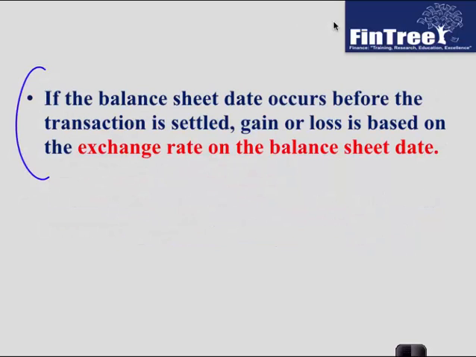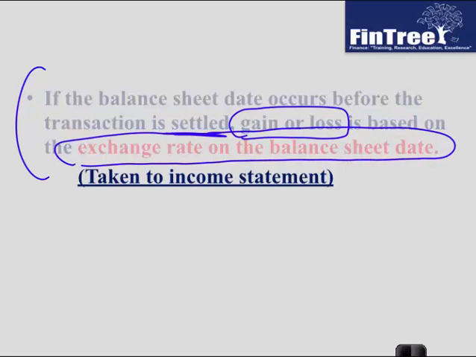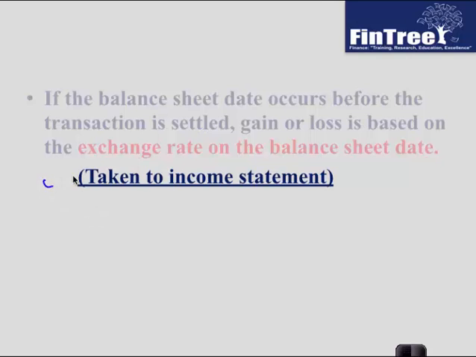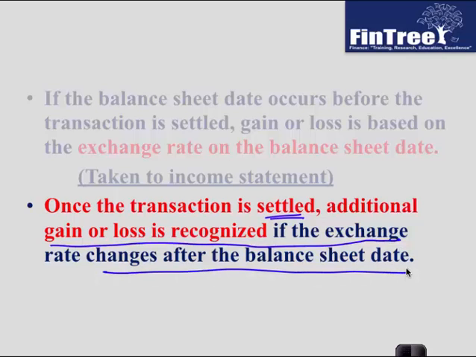If the balance sheet date occurs before the transaction is settled, then gain or loss is based on the exchange rate on the balance sheet date. And this gain is taken to where? It is taken to the income statement. Once the transaction is settled, additional gain or loss is recognized if the exchange rate changes after the balance sheet date, 5th of January. Are we good to go ahead?